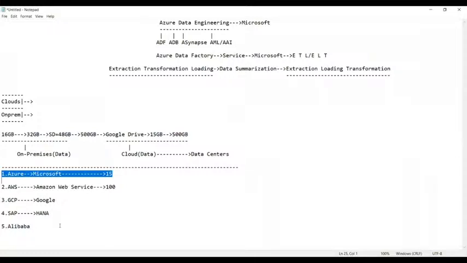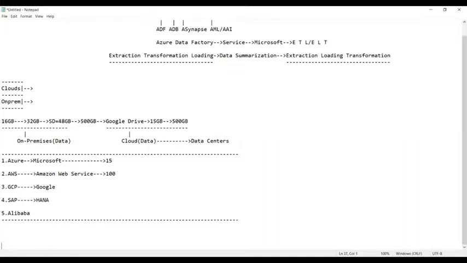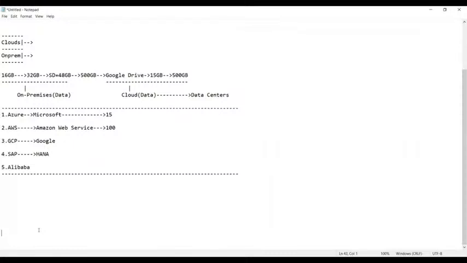Whether it is Azure, Amazon, Google, SAP or whatever, all of them are providing the cloud service. And they provide these cloud services in three categories.